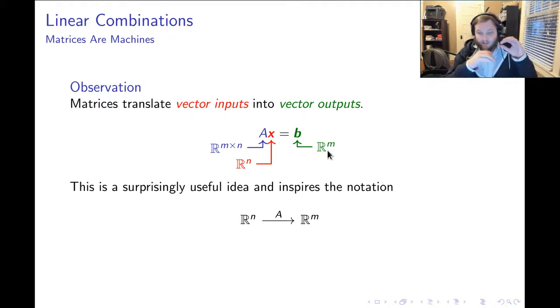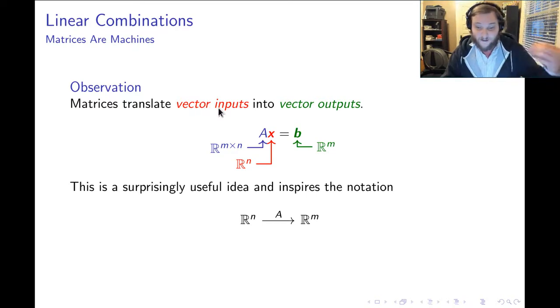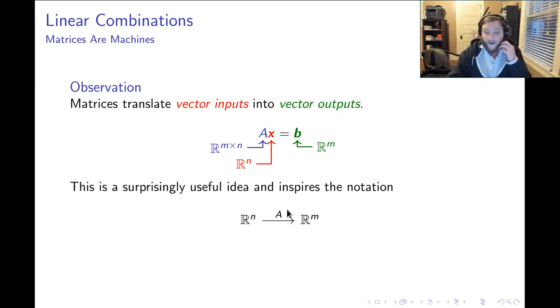So when we say that A has m rows and n columns, the typical way to say that is just A is m by n. But this perspective on matrix vector multiplication, which says that matrices have vectors as inputs and vectors as outputs, can be more elegantly written as A above an arrow between R^n and R^m, indicating that A will accept vectors from R^n as inputs and produce vectors from R^m as outputs.